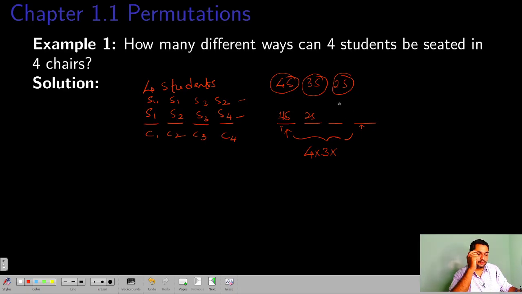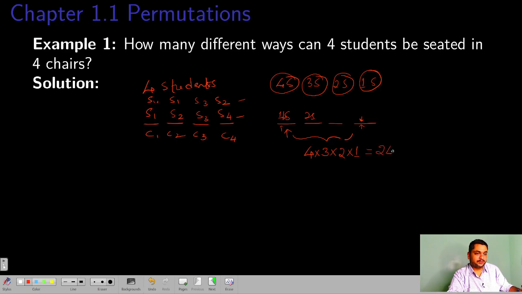So if I pick one out of the 2 students left, he can occupy any one of the 2 chairs. So he has 2 options. Then we'll be left with only one student. Now this one student has to occupy the only chair left. So this can be done in only one way.